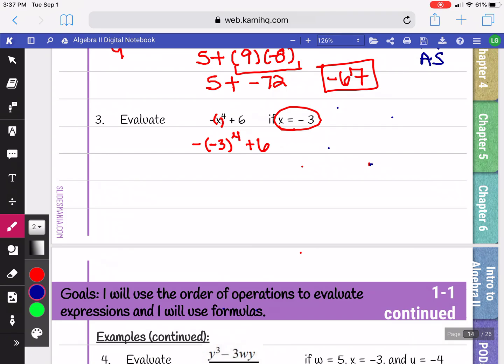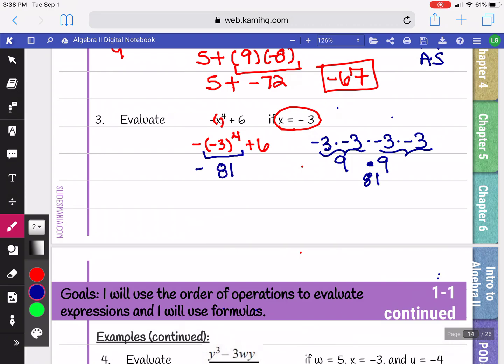If you're using PEMDAS, you would have to get rid of this exponent first. So we're going to do negative 3 to the 4th power, which means we're doing negative 3 times negative 3 times negative 3 times negative 3. Negative 3 times negative 3 is 9. So this really is just 9 times 9, or 81. So this becomes 81.